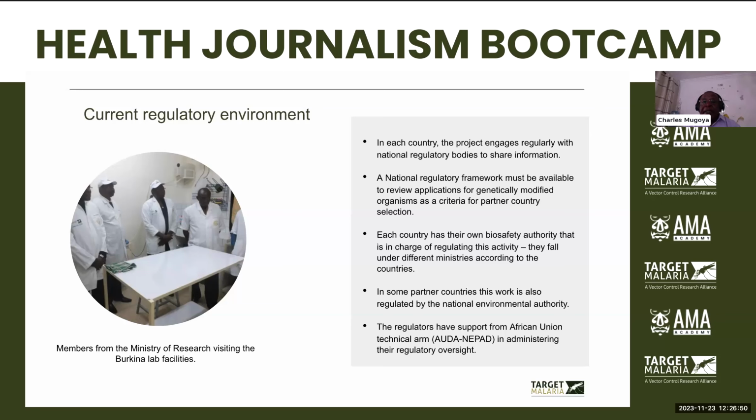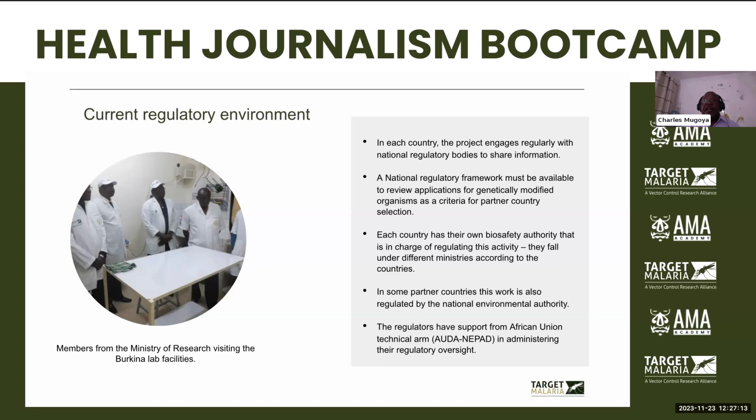Now, in some partner countries, a lot of this regulation is also done by the environment-based bodies. We have the National Environment Management Authorities that are doing the work of regulating the technology in the country.